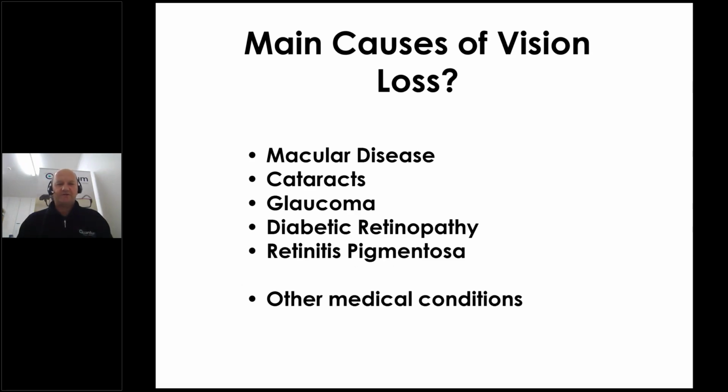So the main causes of vision loss are macular disease, cataracts, glaucoma, diabetic retinopathy, retinitis pigmentosa, and there are some other medical conditions such as strokes, head injuries, and accidents, of course.